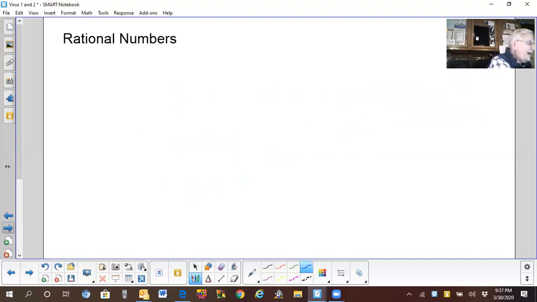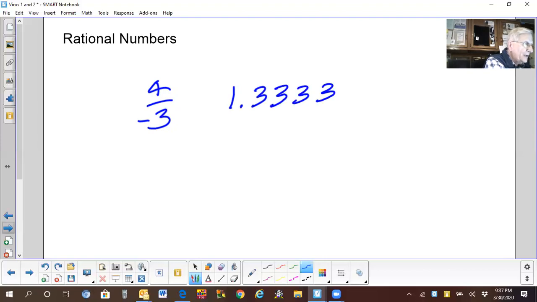Let's take the fraction 4 over 3, or we can make it 4 over -3. If you divide this out on your calculator, you find that you get 1.3333, and the 3's just keep on going forever. Of course, it should be a negative sign here. That is one thing that can happen when you try to convert a rational number or fraction into its decimal equivalent.